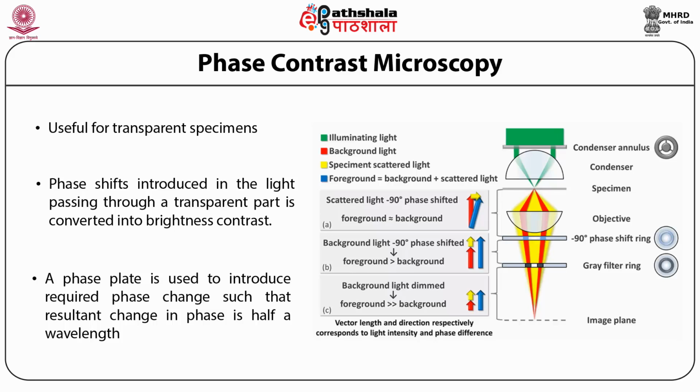You have a gray filter which filters the phase shifted light from the rest of the light scattered from the sample, and then you image the sample onto the image plane or screen, and here again you don't need to scan the whole sample. You actually get the image of the sample in a single shot.